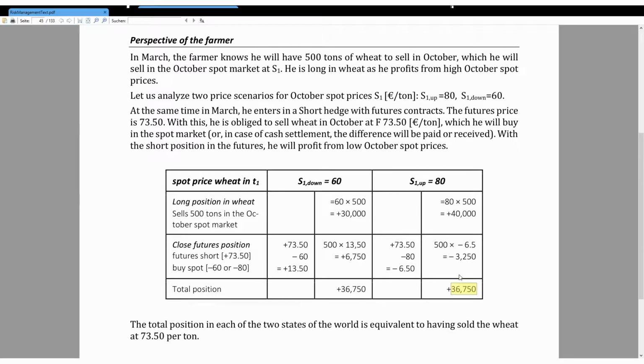Whatever happens in this, what we call perfect hedge, he will sell his wheat at 73.50 per ton. So he is not really affected by the probable price changes in the wheat in the spot market. He will always have that price, and this is the price that the futures had in time 1 in March when he entered the futures position.